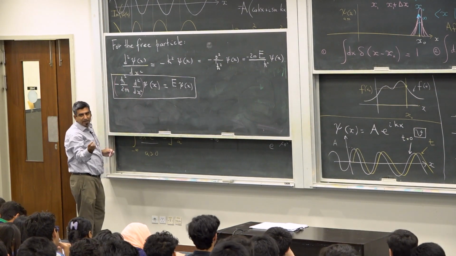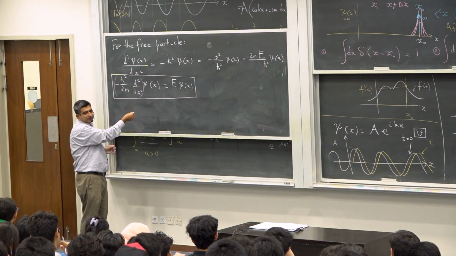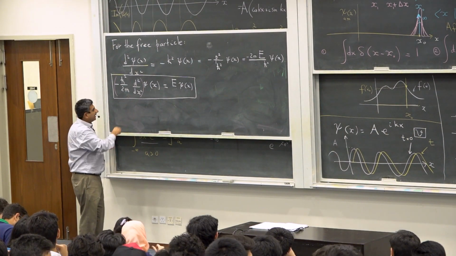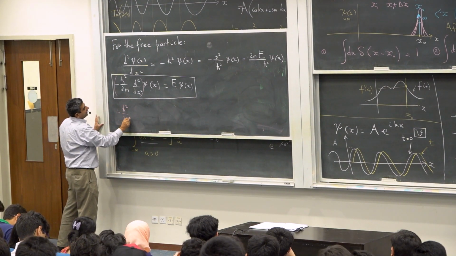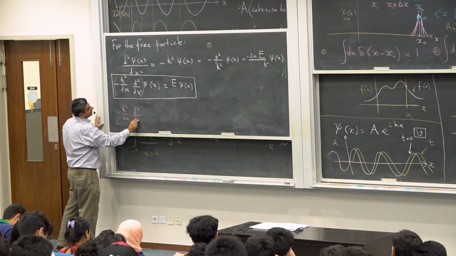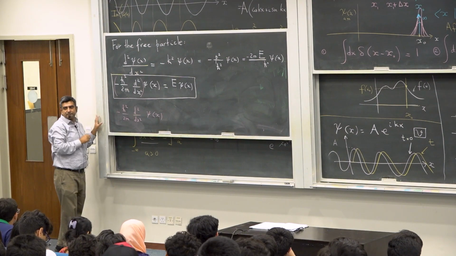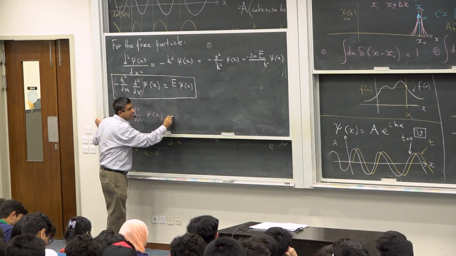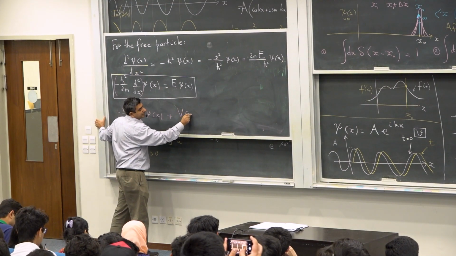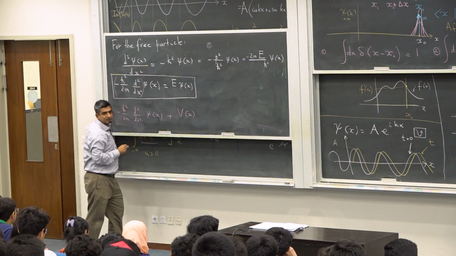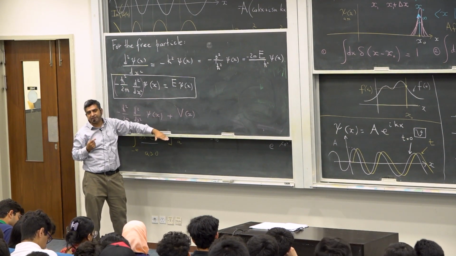I just weave this into this equation: minus h bar square over 2m d square dx square acting on the wave function is the kinetic energy part, plus the potential energy part. Let's call the potential energy V of x. It could be a function of position. Up till here we have the free particle. Now I'm generalizing this to any particle.